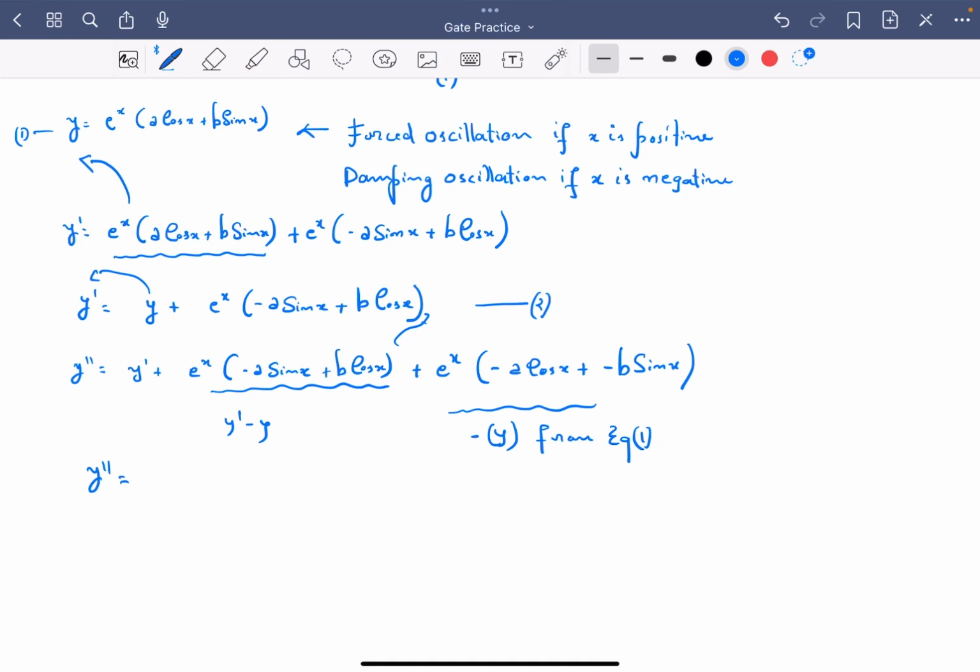Okay, so this is equal to y dash plus y dash minus y minus y. So this is equal to 2y dash minus 2y is equal to y double dash.